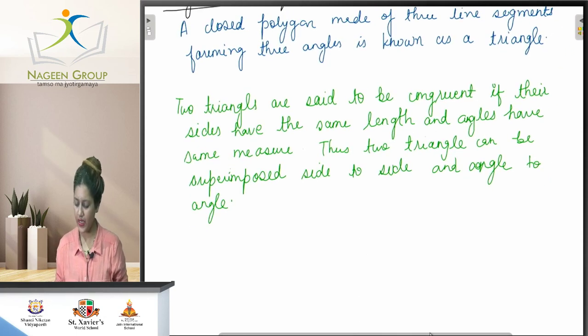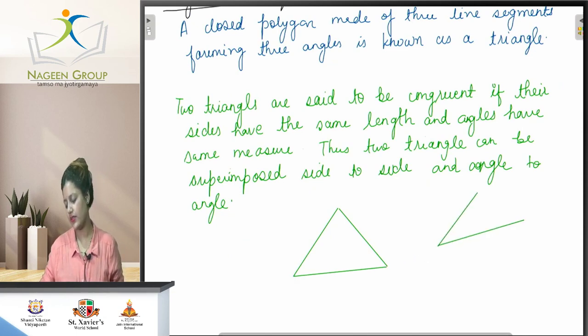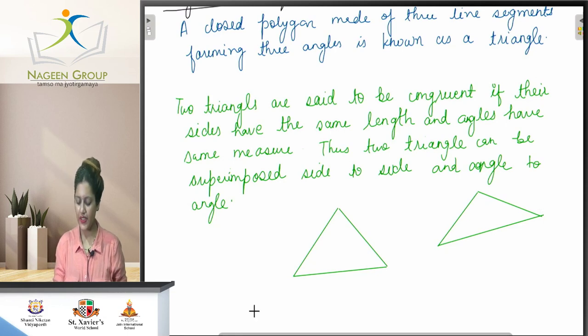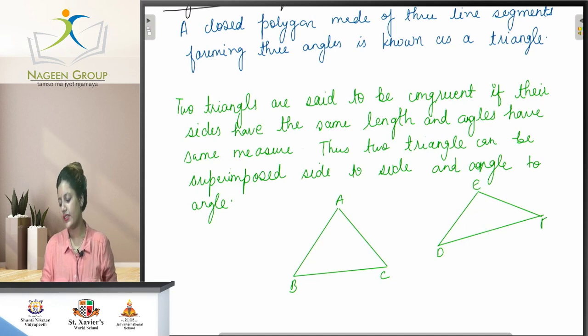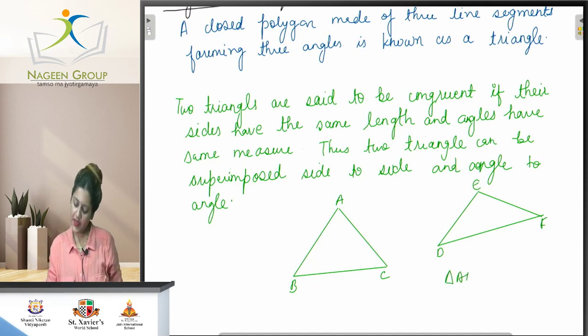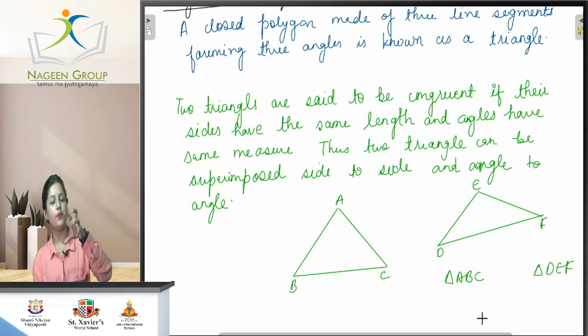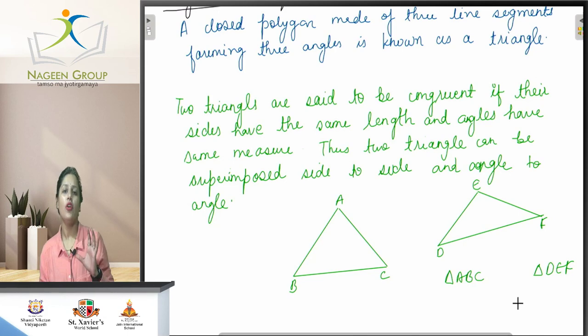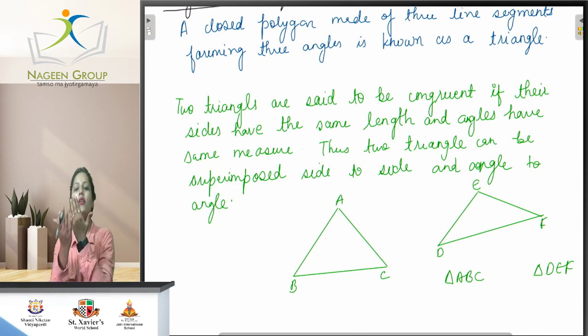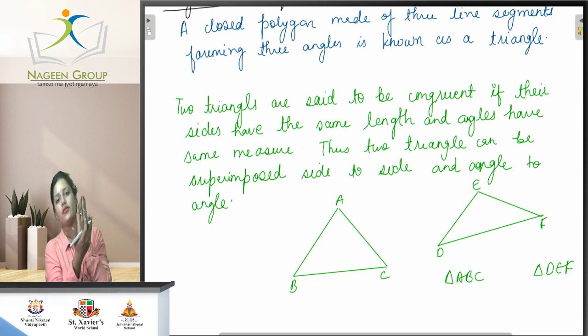If we make two triangles, this one and this one, they may not look congruent, but if it is proved that triangle ABC and triangle DEF are congruent, this means we can put one triangle over the other, and the other triangle becomes hidden. If we put one hand above the other, the hand becomes hidden behind it. This shows us congruent triangles.